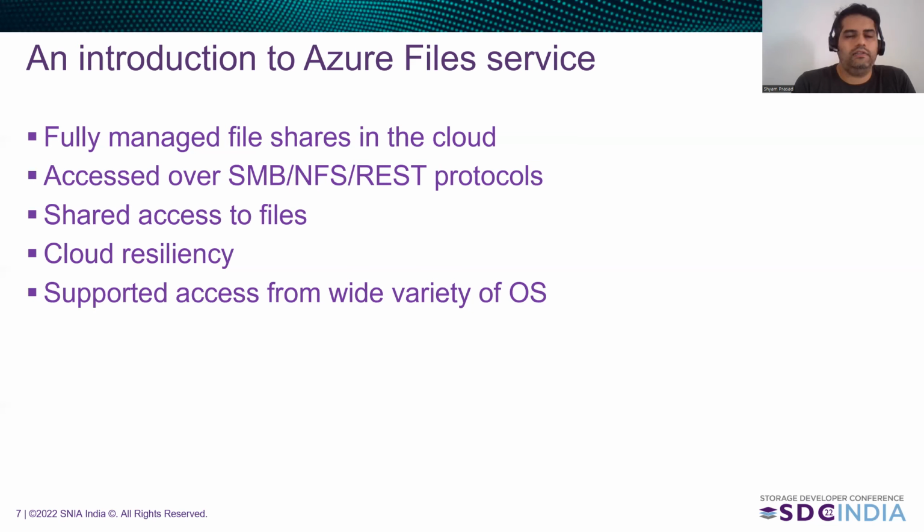It is designed keeping in mind that it will operate on a public cloud. And another side effect of using common protocols like SMB and NFS is that it supports access to a wide variety of operating systems.